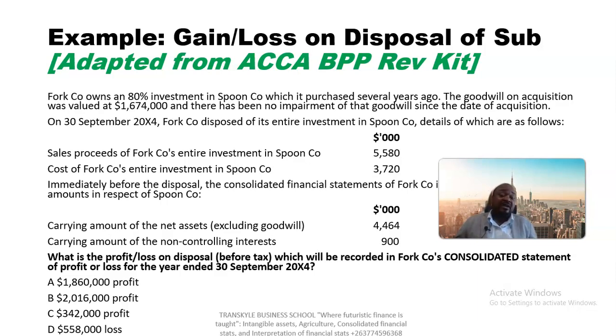Okay, so we now have our formula at the back of the mind. But one thing we need to understand is which of the two formulas we are going to pick. Here, the examiner wants us to determine the profit or loss in the consolidated statement of profit or loss. So we are being asked to compute the gain or loss in the group's accounts.